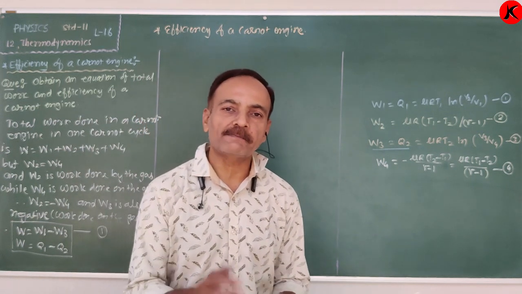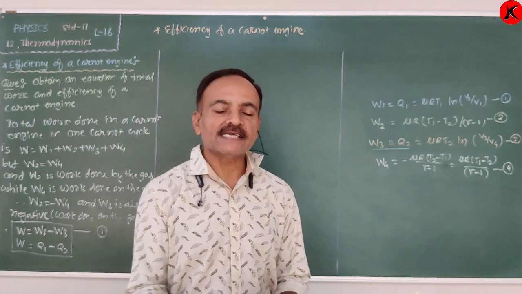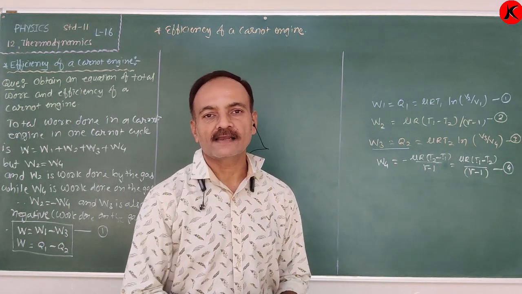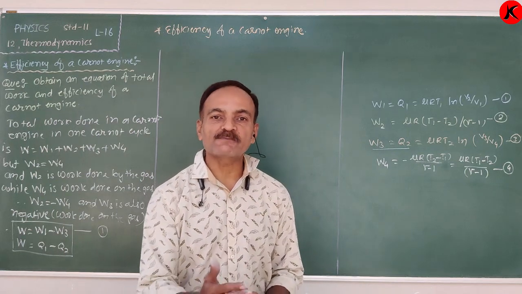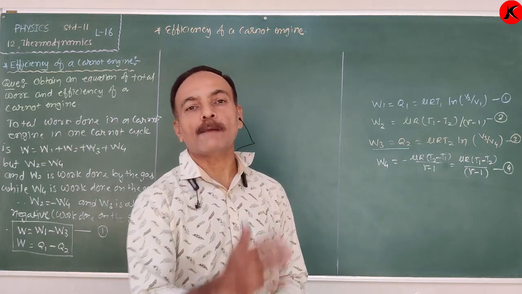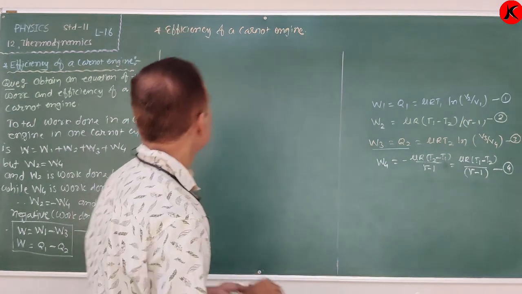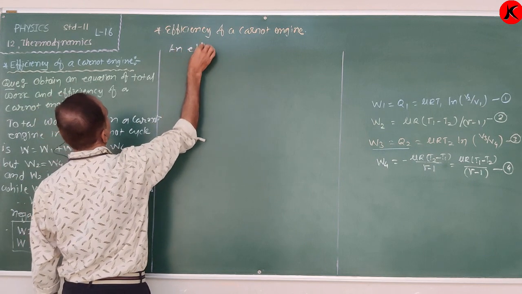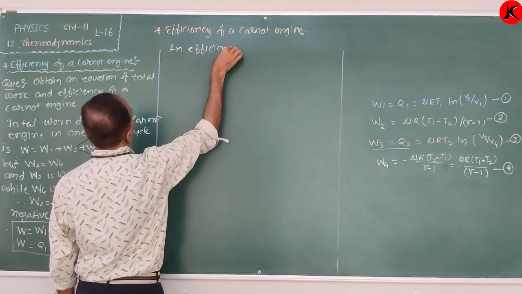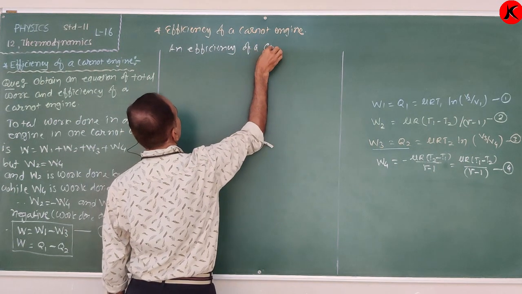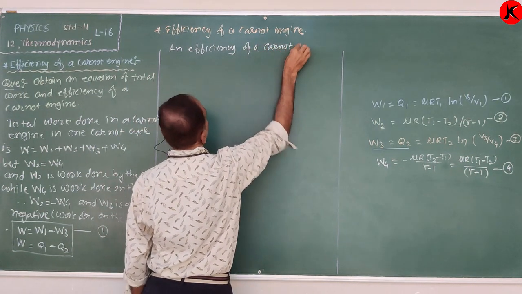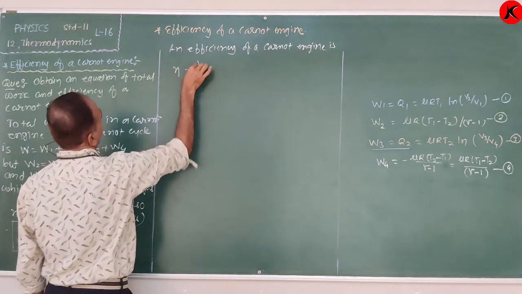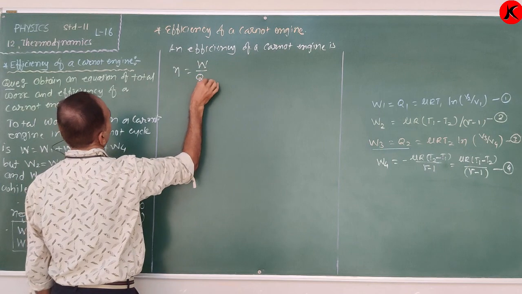Already we derived the equation: efficiency of a heat engine is the ratio of total work done per cycle to the total heat absorbed per cycle. That means W upon Q1. So the efficiency of a Carnot engine is N is equal to W upon Q1.